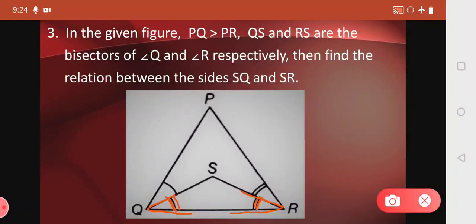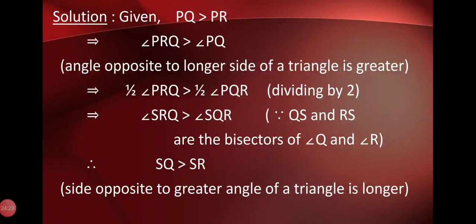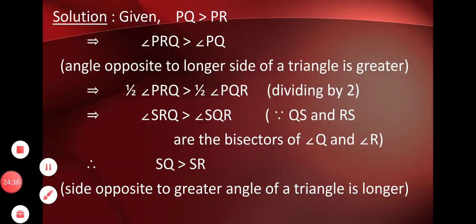Again, this angle is greater than this angle, so the opposite side of this angle is SQ, this side. Similarly, the opposite side of angle SQR is SR, this side. So SQ will be greater than SR. This is the relation between the two sides: SQ will be greater than SR.